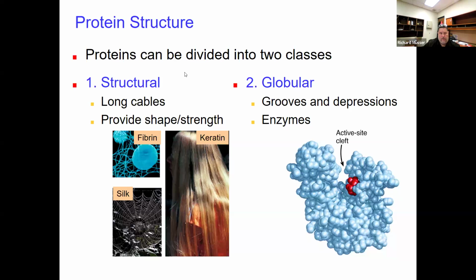There are all sorts of different proteins. Some are going to be structural, like the protein necessary for making hair or silk in a spider web, or fibrin, which is important as a structural protein. So when you cut yourself, your blood is going to clot. That's what the fibrin is doing. So this is a red blood cell being caught. Some proteins are going to be globular in shape and function as enzymes.